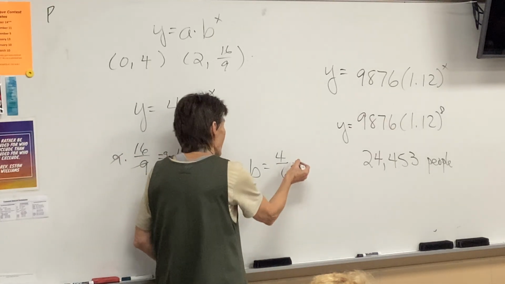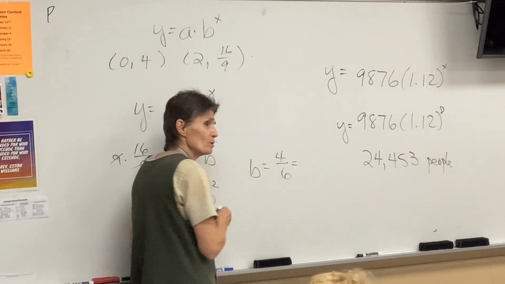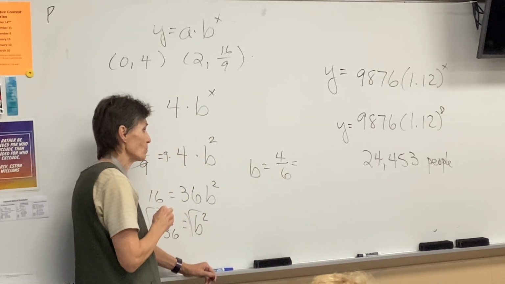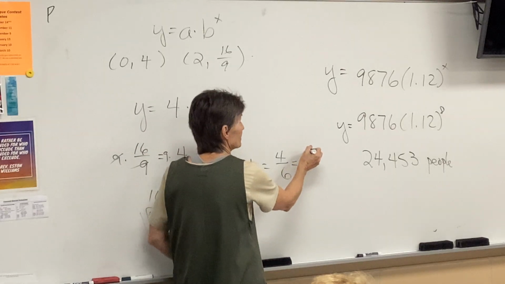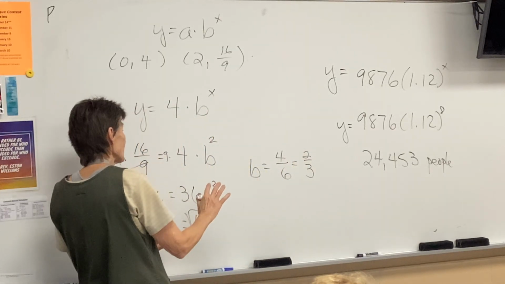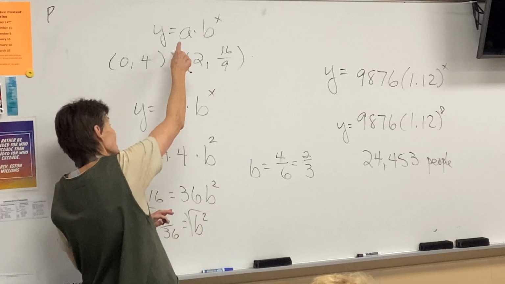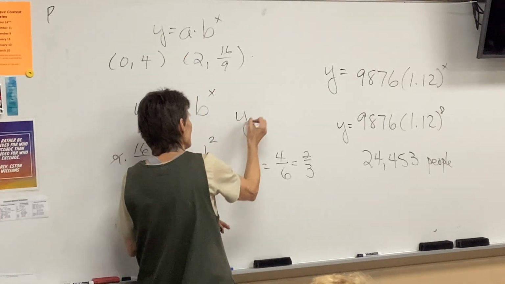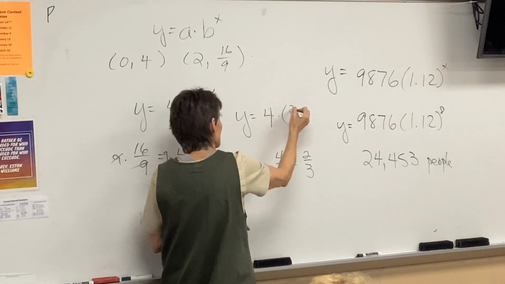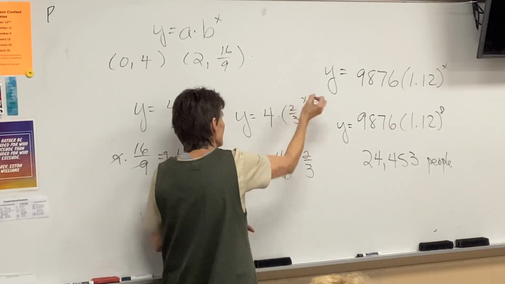Now, it turns out that actually reduces. So I'm not gonna write 4/6, I'm going to write 2/3. And then I'm not gonna forget, that's my answer. So y equals 4 times 2/3 to the x.